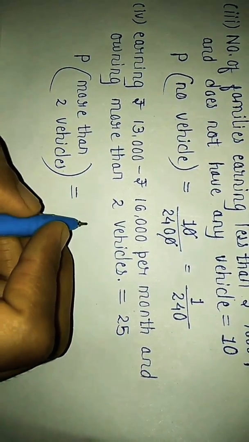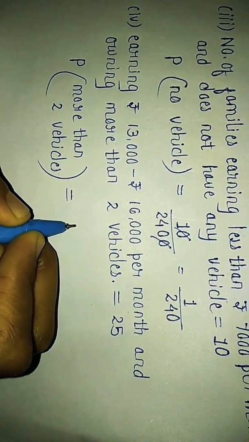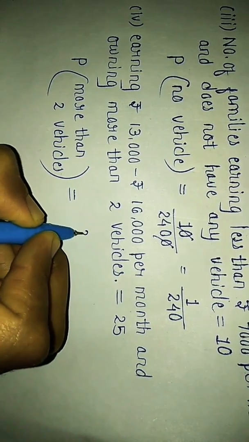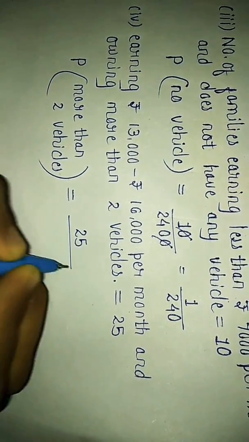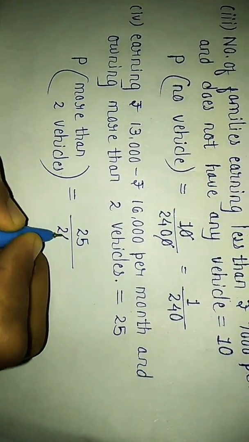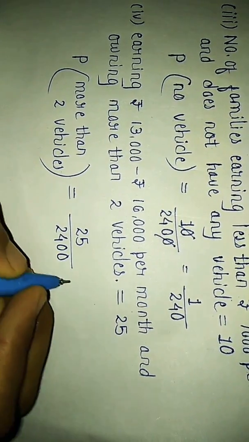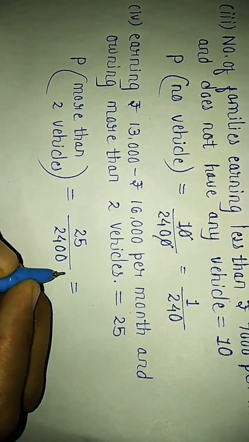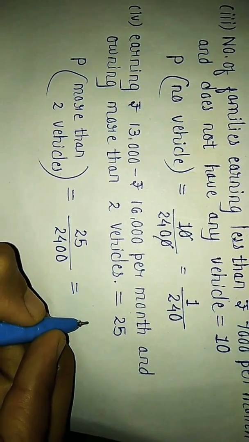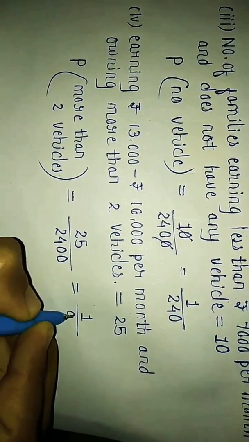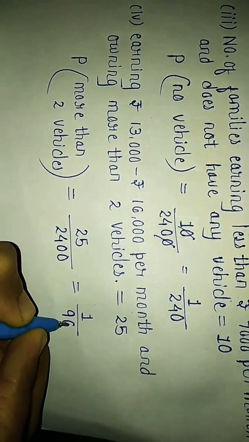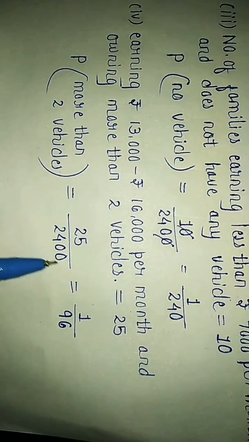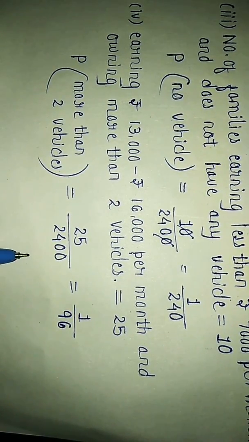So probability will be number of trials in which event happened 25 divided by total number of trials 2400. If you divide this, you will get 1 divided by 96. 96 into 25, you will get 2400. So this is probability for number 4.